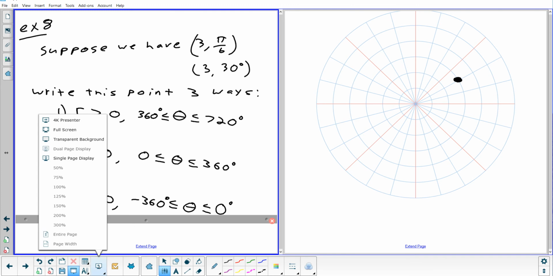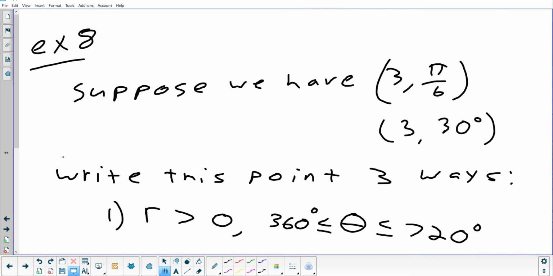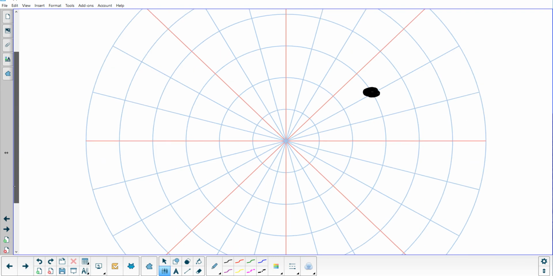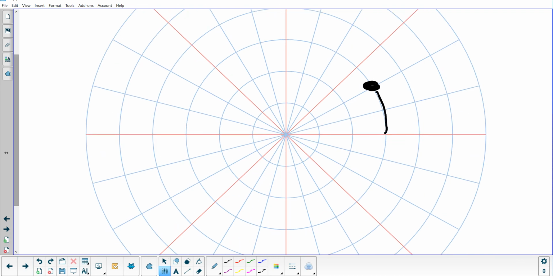And if you get stuck, I would figure out how much it is from there to there. We know that part's 30 to get up to that point. So then you can figure out what the rest of it is if you want to go the other way. Because you know all the way around is 360. So whatever's left from 30 brings you the other way. And that's one of the answers I'm looking for.